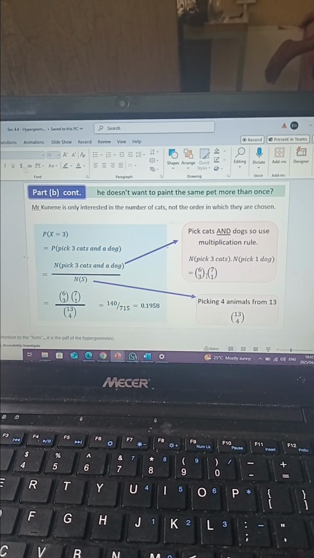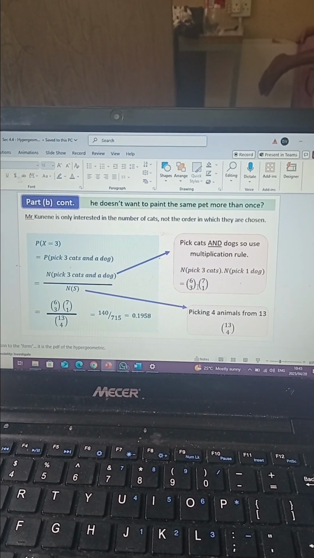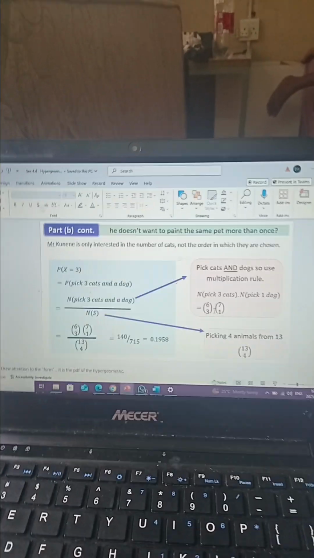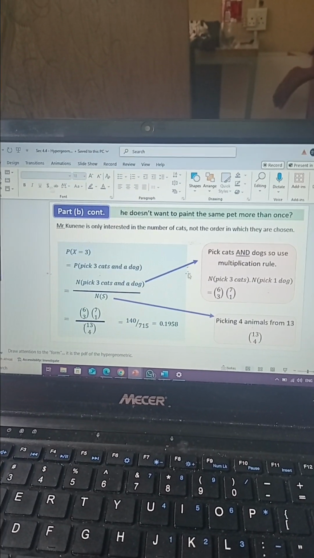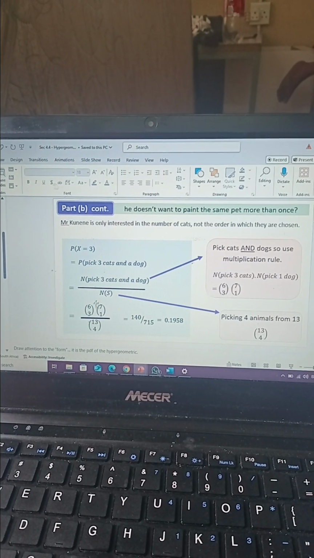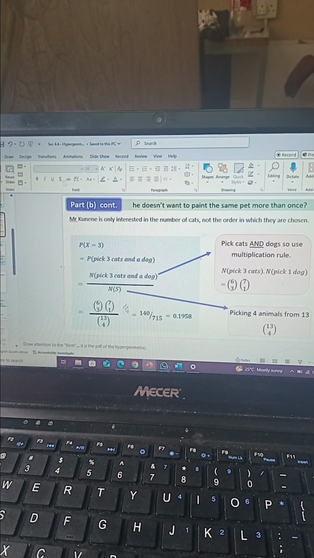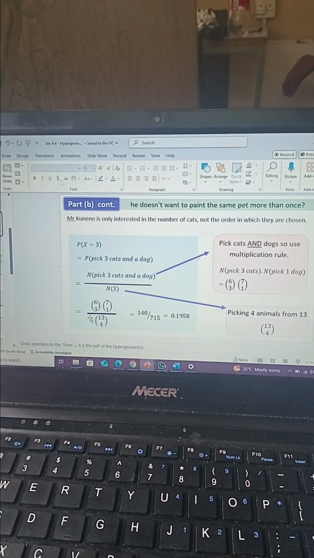Okay, we are still continuing on part B. You see what is happening on part B. On part B, we are saying we apply the combination formula.